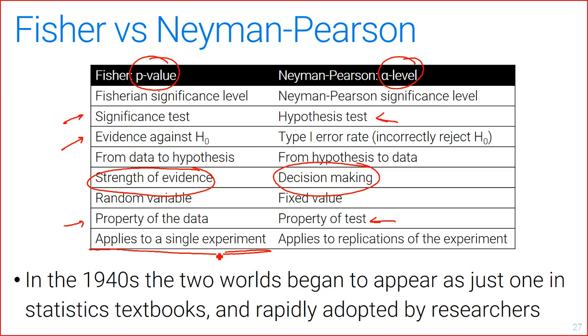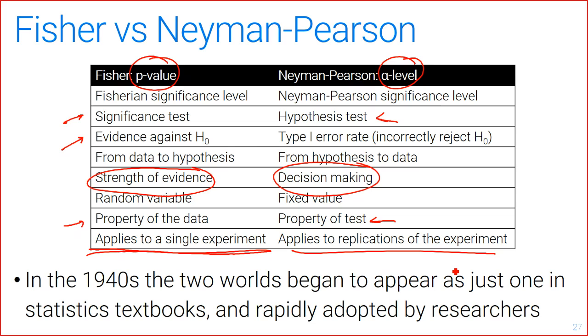So the p-value is a property of the data of the one experiment that you just ran. Whereas in the other philosophy, we have this alpha, beta, etc. applied to replications of the experiment. So you are expected to have alpha% of errors and beta% of errors over replications of your experiment. But given just the one experiment, you don't have anything. You only reject or accept, but you don't have anything more.